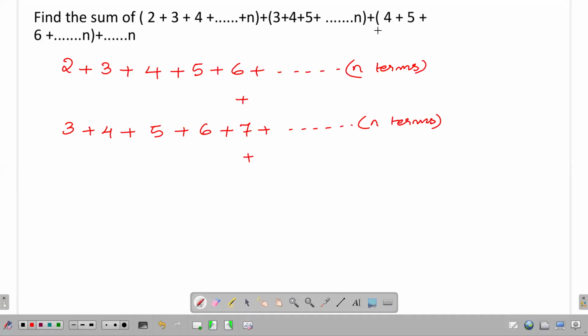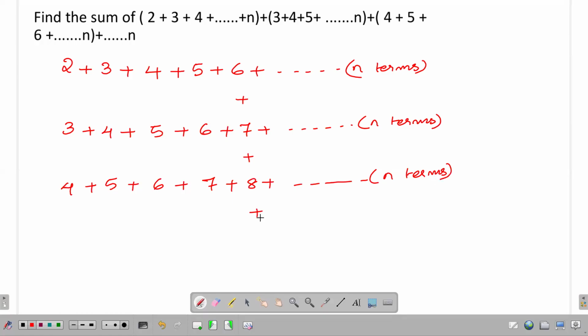Plus, I am now considering the third unit over here. The third unit, when I say it is 4 plus 5 plus 6 plus etc. up to n terms. Okay. So see this, it will be 4 plus 5 plus 6 plus 7 plus 8 plus etc. up to n terms. Okay.